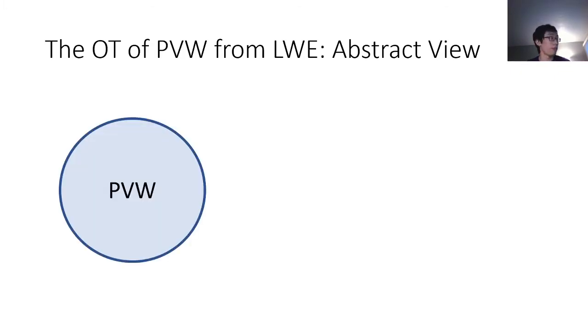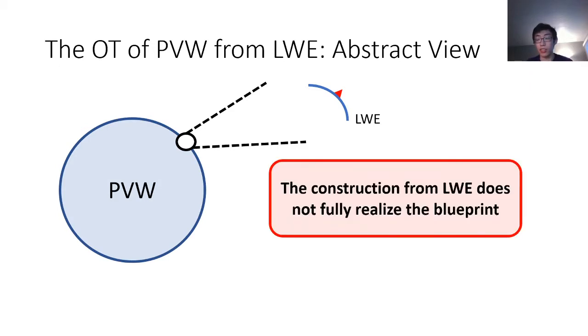My abstract take on this is that PVW is well rounded, very strong, very nice. But if you look at it very closely and look at the LWE realization of this blueprint, there's a very small thorn, and that's very annoying. It's not as round as one could expect, but this is still very minor.